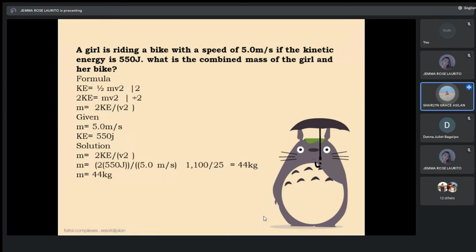So, mass equals 2 times kinetic energy divided by velocity squared. So, 2 times 550 joules, divided by 5 meters per second velocity squared.